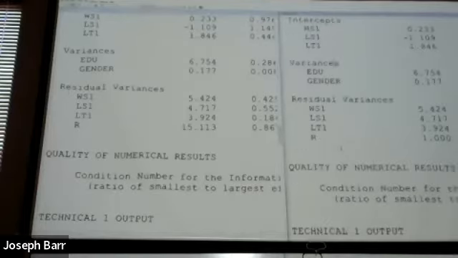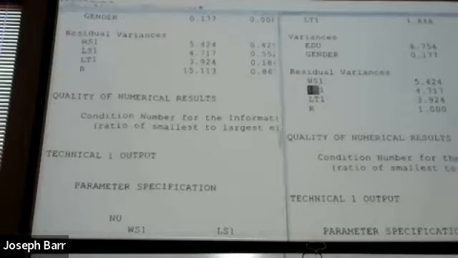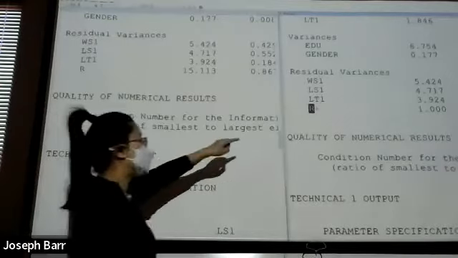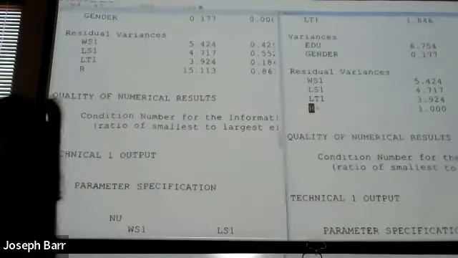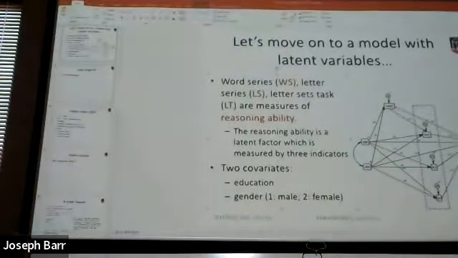It's the same. Okay, residual variance for WS, for LS, for LT. But the only difference is the latent part. We have to fix something to do the estimation. So that's the model.